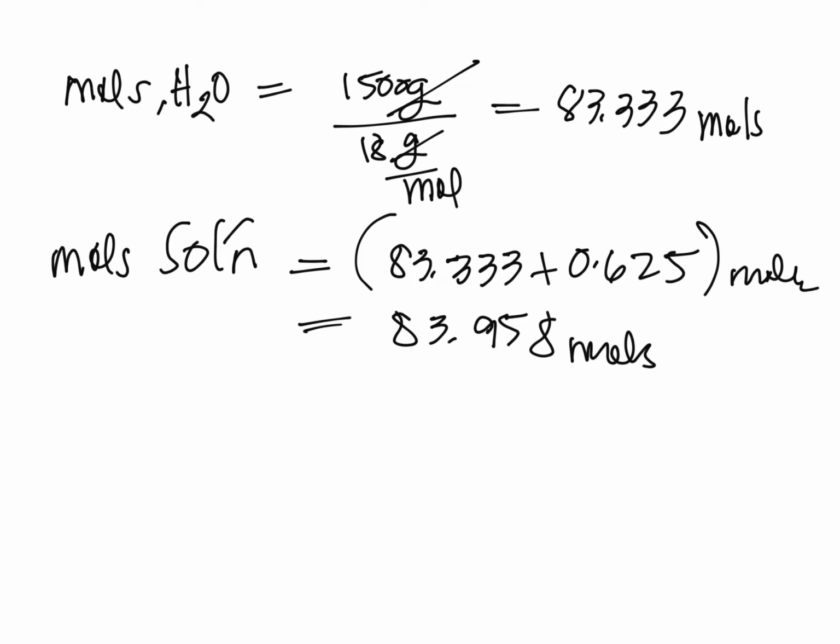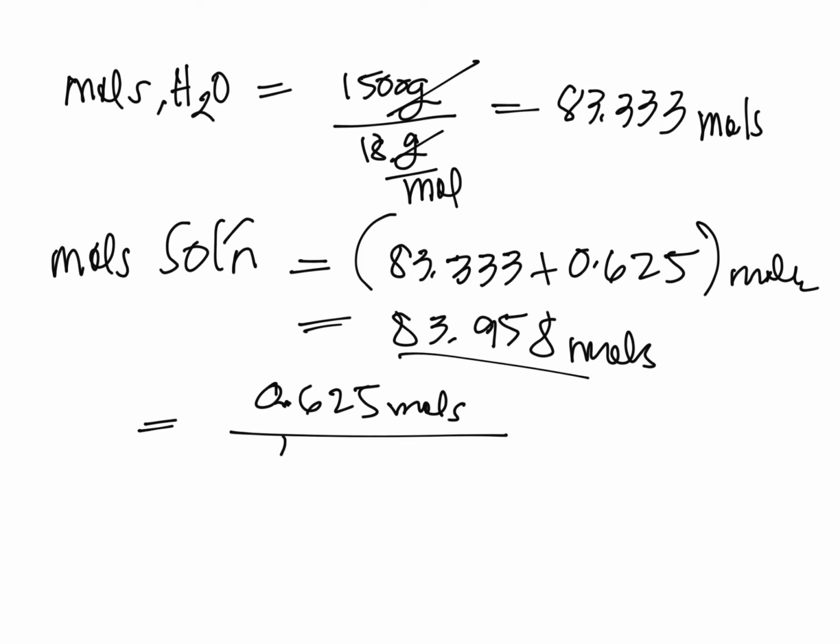So we can calculate now the mole fraction, which is moles of the solute, which is 0.625 moles, divided by the moles of the solution, which is this 83.958 moles.